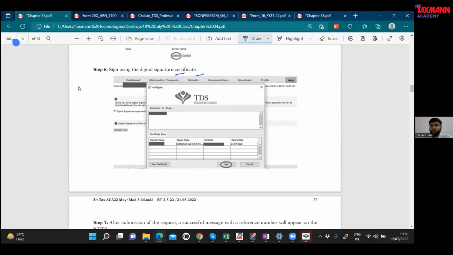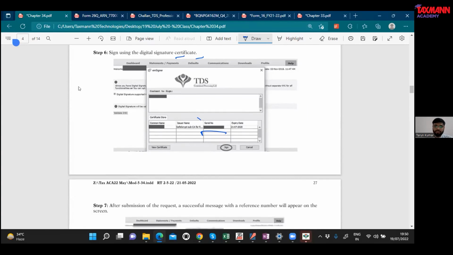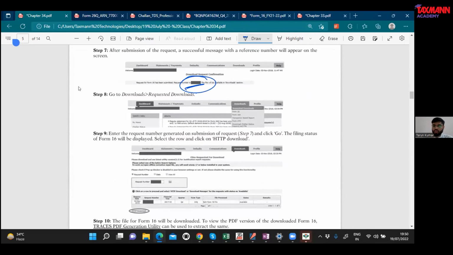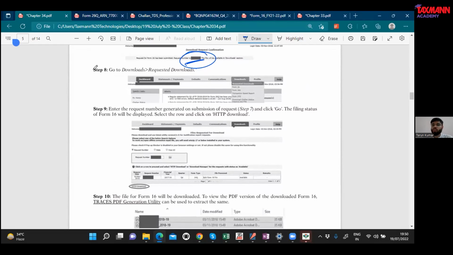After submission of the request, you will get a confirmation message and a request number will be generated. Then you need to go to the download section and requested downloads.